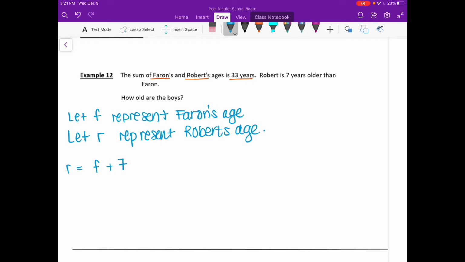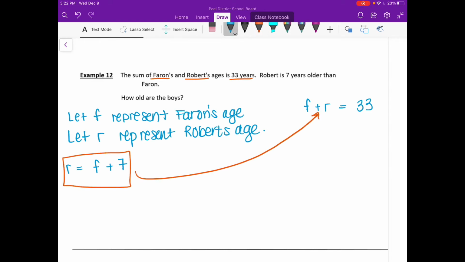Okay? How old are the boys? So you know that if you add Farron and Robert's age together, you get 33, because the sum of their ages is 33. Now I can just sub in for R, F plus 7. So I can just sub that in here. So I can say F plus F plus 7 is equal to 33.